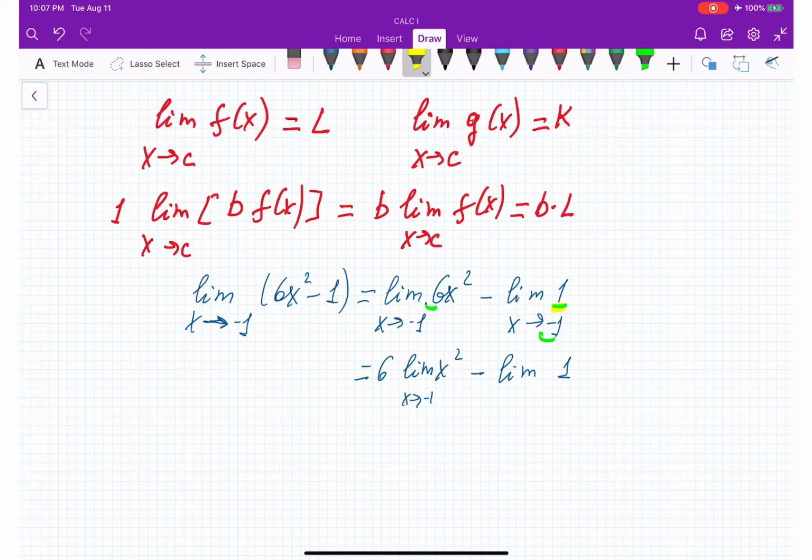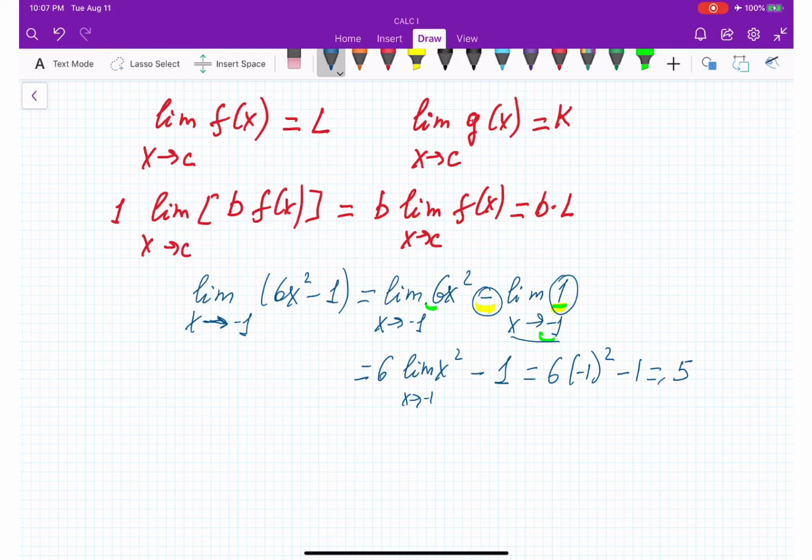I'm just leaving that 1, and because we had a negative here, it's minus this 1. The result is going to be 6 times negative 1 to power 2 instead of x squared, minus 1. Negative 1 squared is 1, so 6 minus 1, we get 5.